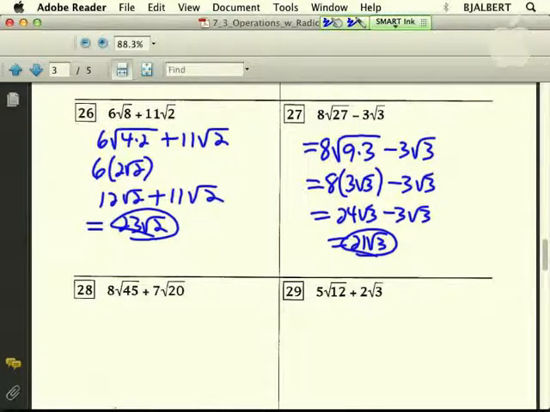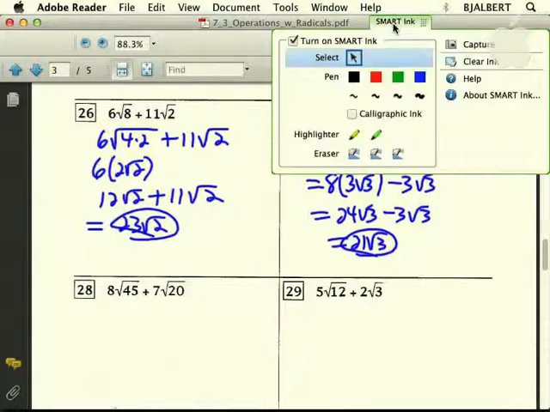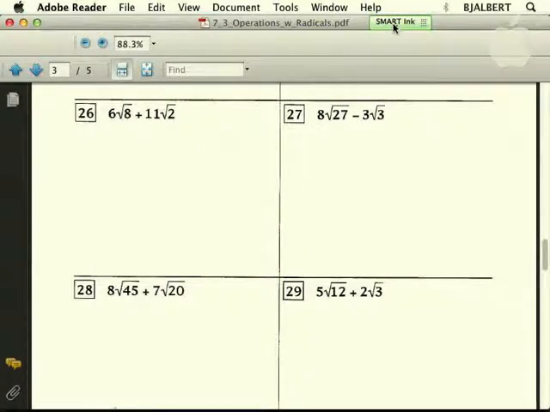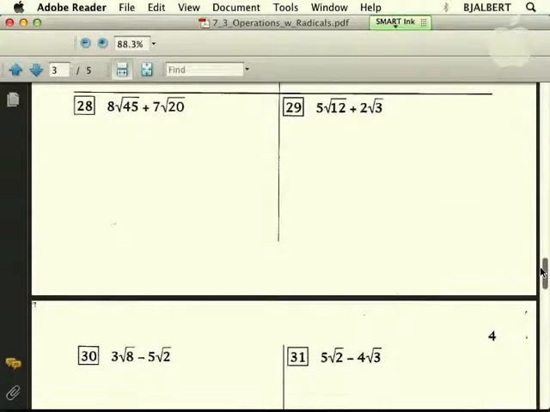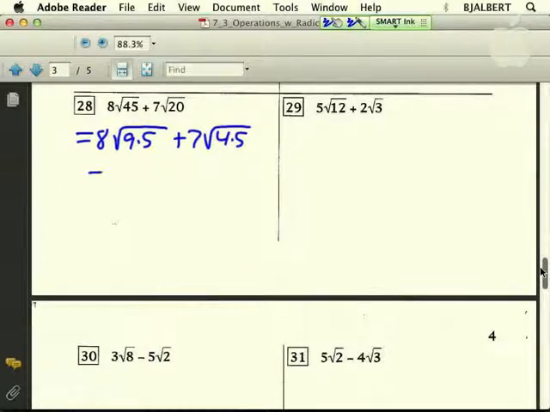28. This will be 8 times the square root of 9 times 5 plus 7 times the square root of 4 times 5.